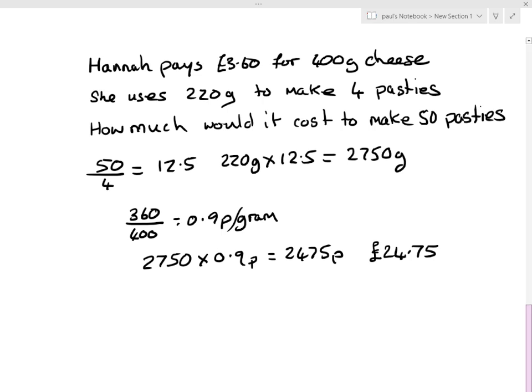Okay, another sort of wordy question here. 4 bakers can decorate 100 cakes in 5 hours.